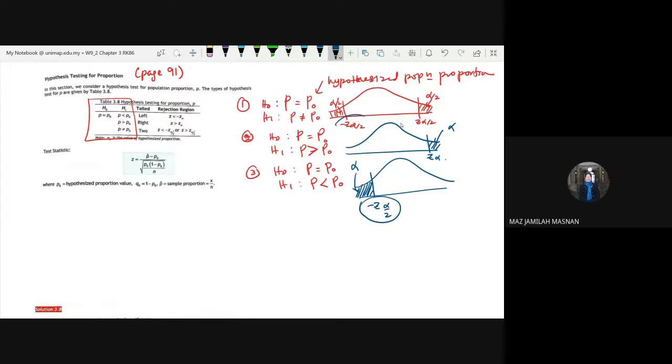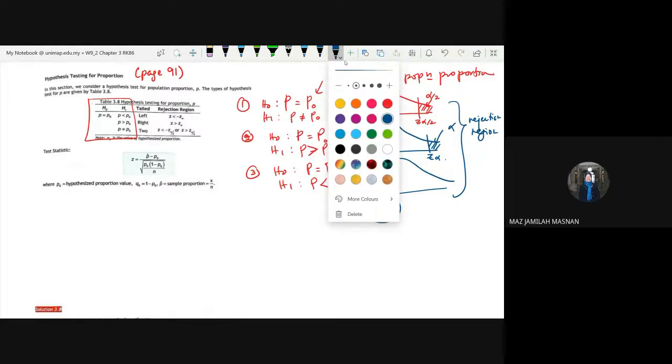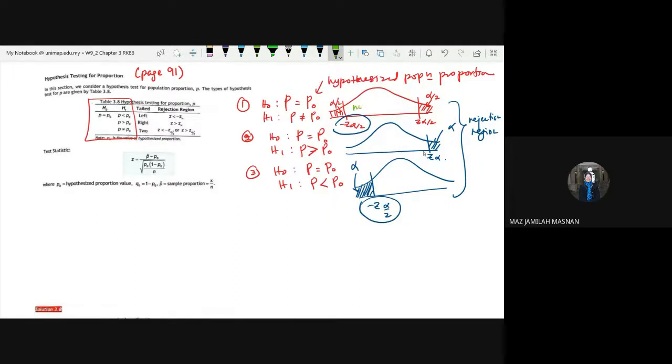The same goes to the two tail test for the left hand side. These are all the rejection region in the shaded area, and the non-shaded areas are all non-rejection region.